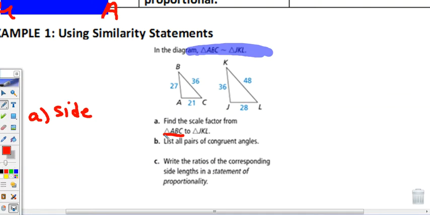Which one do you want to work with? 21. I like 21. Okay. So I'm going to say the ratio for this is 21 to, what's the 21 going to correspond to then in triangle JKL? 28. Now the question becomes at this point, for the scale factor, find a scale factor from ABC to, oh, I should back this up. I should back up.